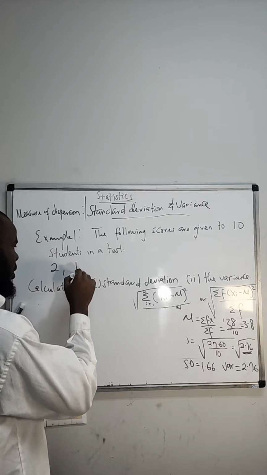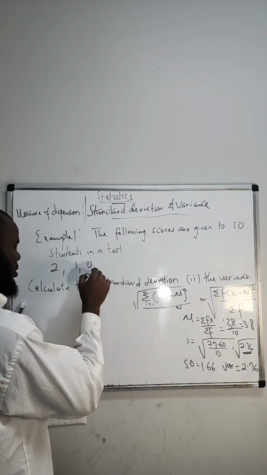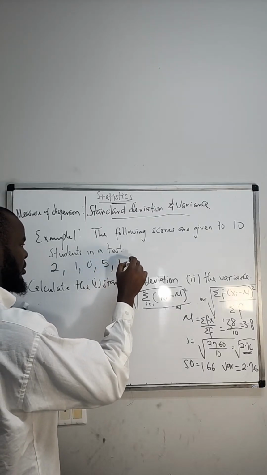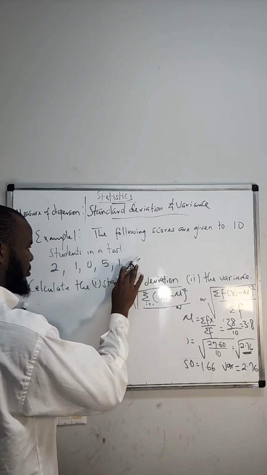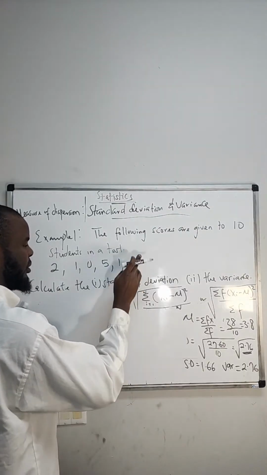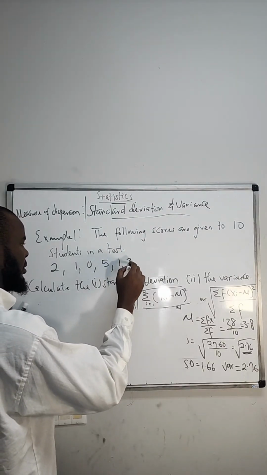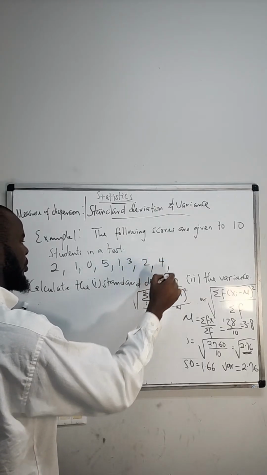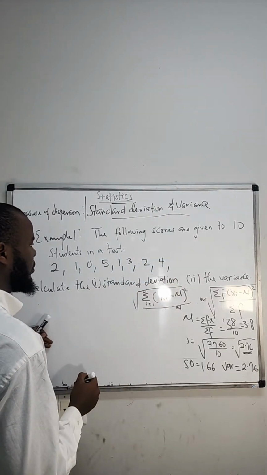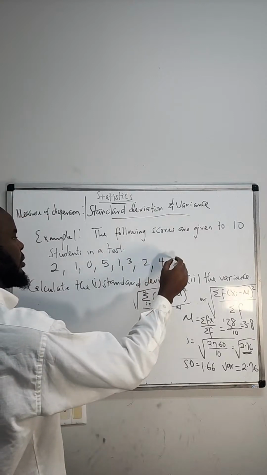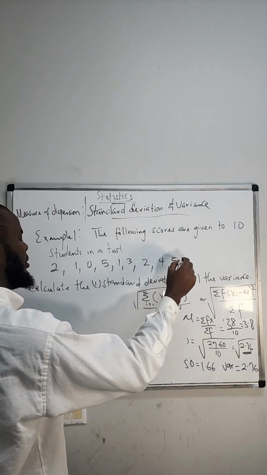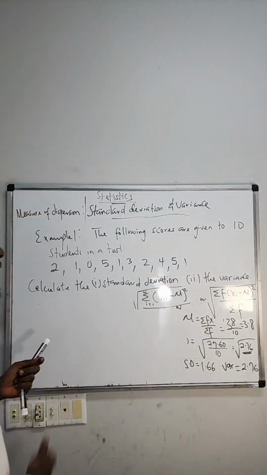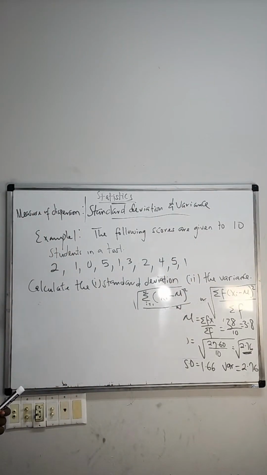You have 2, 1, 0, 5, 1, 3, 2, 4, 5, 1. So calculate the standard deviation and calculate the variance.